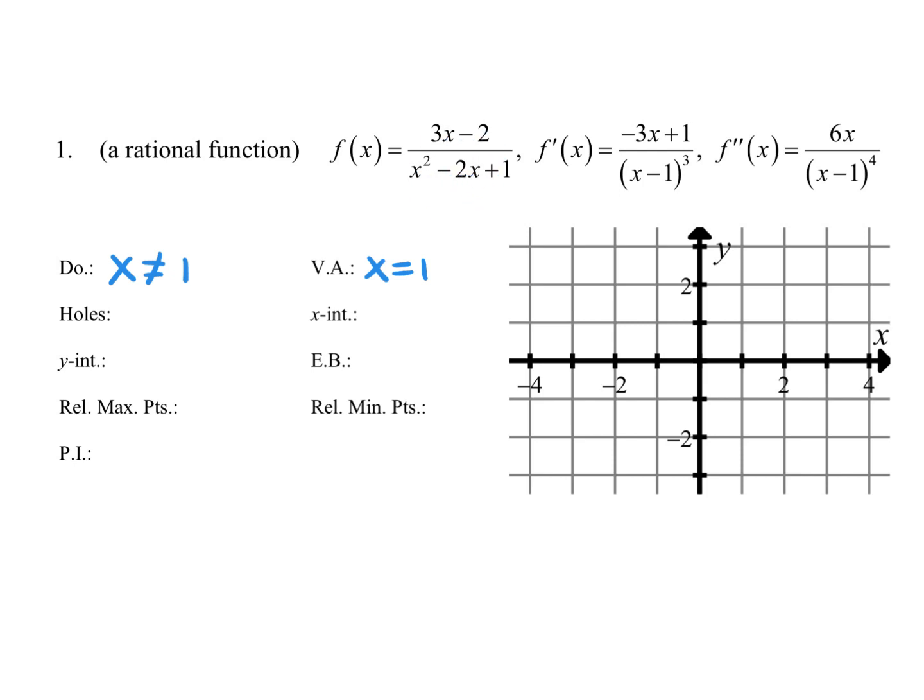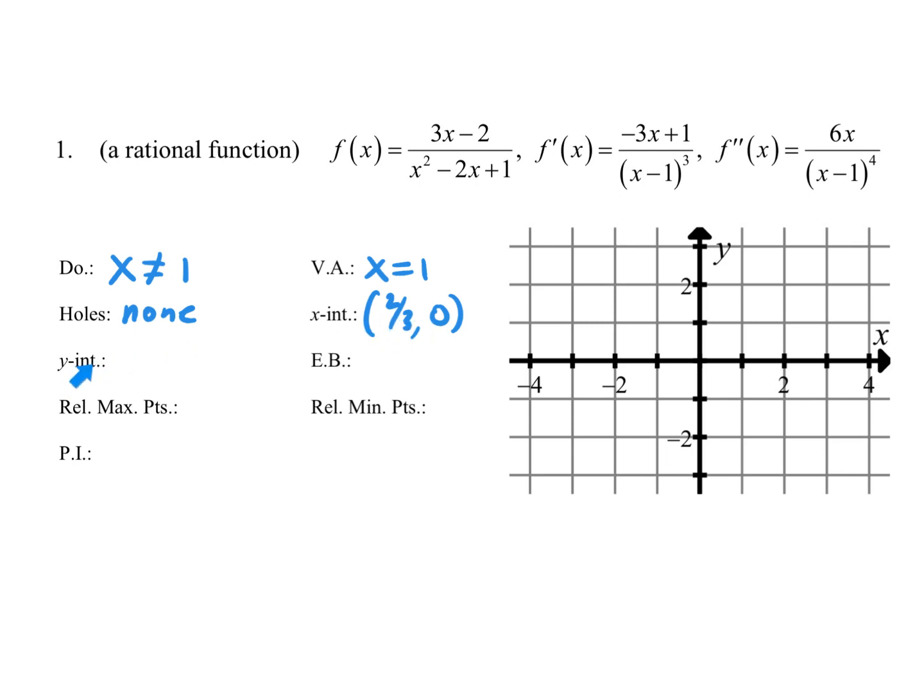But because nothing's reducible here, there are no holes. X-intercepts, now we're talking about making the numerator equal to 0, because an x-intercept means y equals 0. So 3x minus 2 would have to equal 0, which means x would have to be 2/3. And the point is (2/3, 0). All right, so we have the x-intercept (2/3, 0).